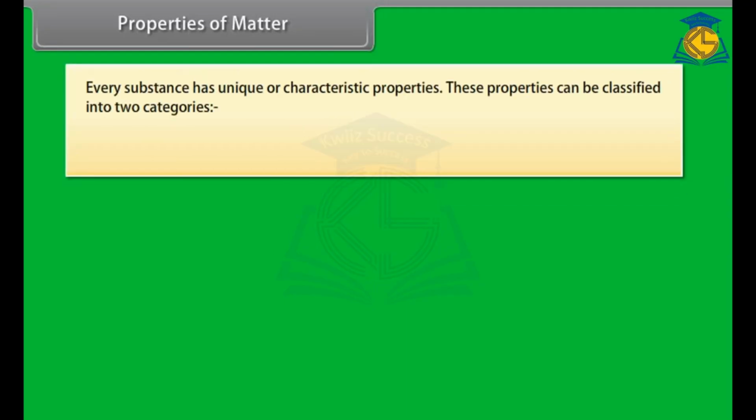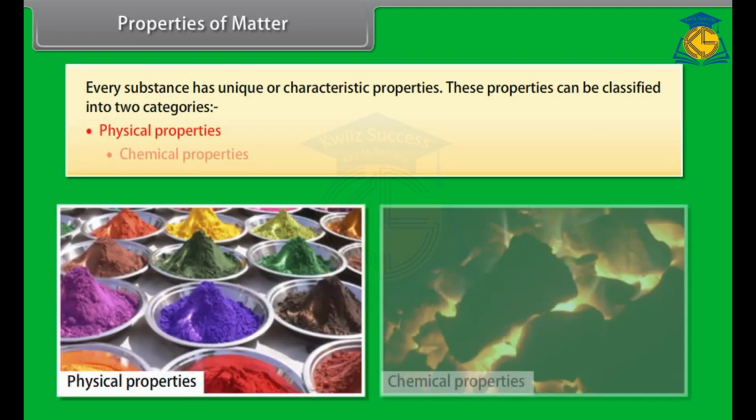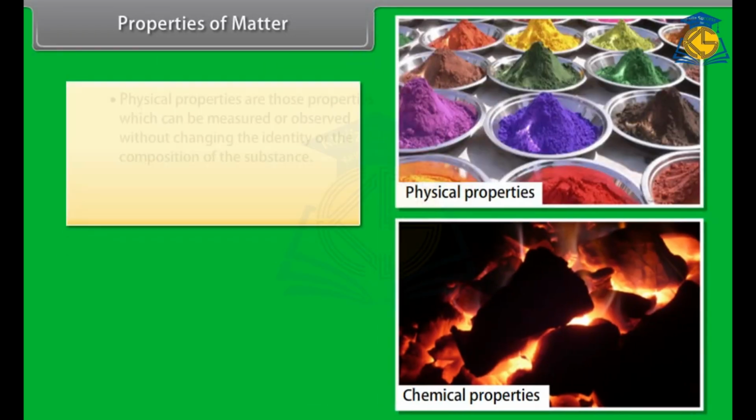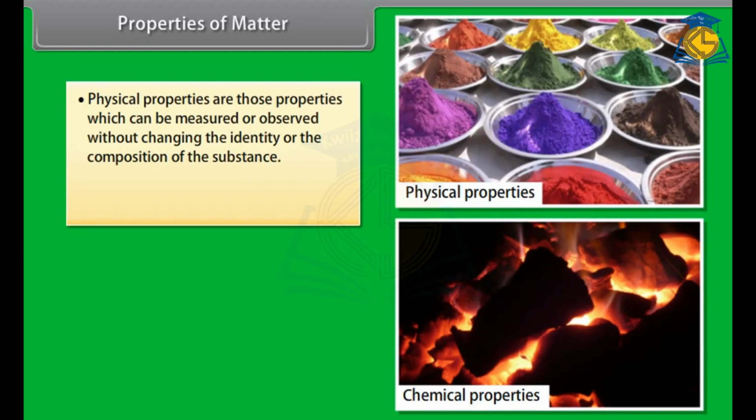Properties of matter. Every substance has unique or characteristic properties. These properties can be classified into two categories: physical properties and chemical properties. Physical properties are those properties which can be measured or observed without changing the identity or the composition of the substance.